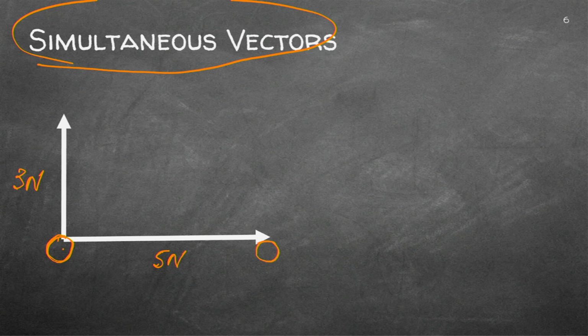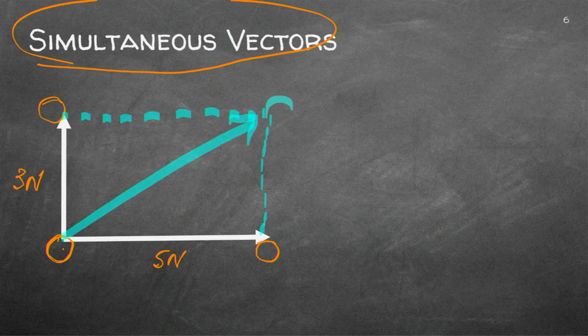If I only pulled it with the vertical, it would have been there. But now I have two simultaneous pulling forces. The one vertically, 3, and the other one, 5. And it's in actual fact interesting that it will be ending there.